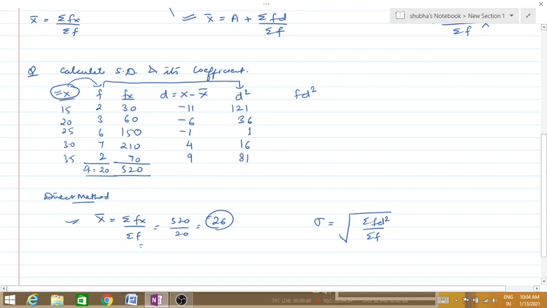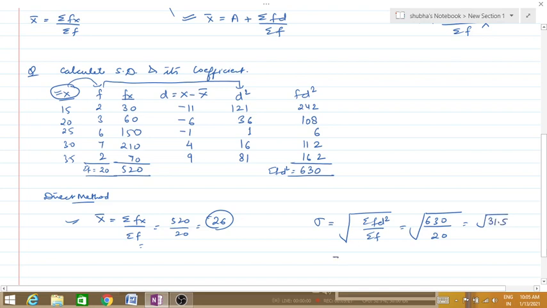Now multiplying frequency with d square, we get 242, then 108, then 6, 112 and 162. We need the total of sigma fd square, and it becomes 630. By putting the values we get 630 in the root, divided by 20. So it becomes under root 31.5.